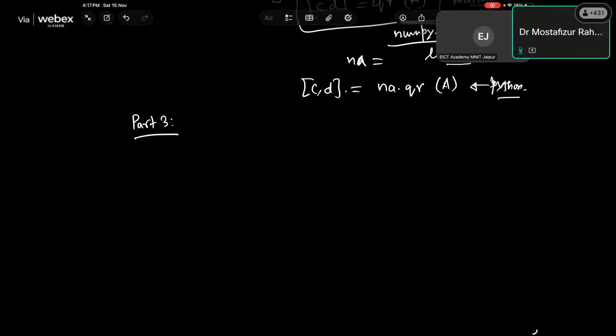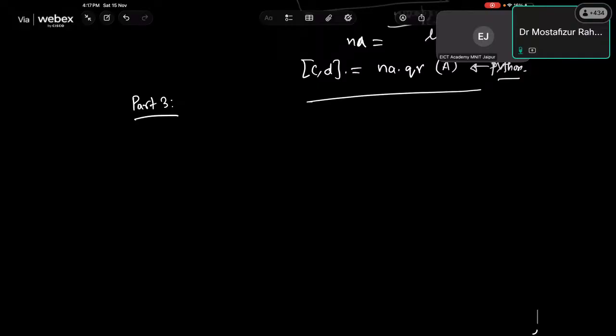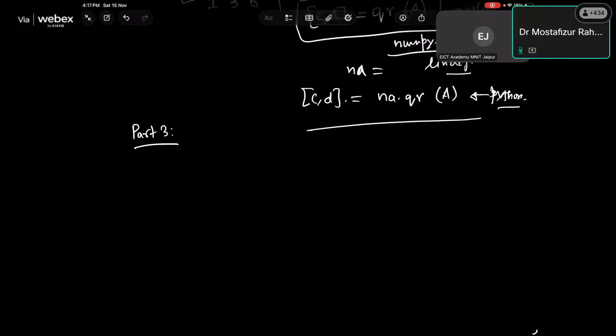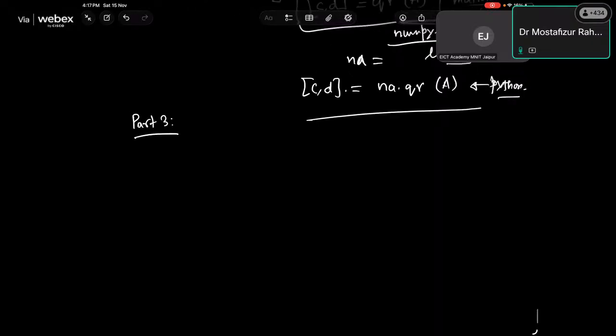Now we are talking about matrix inversion techniques, right? When you give certain problems to MATLAB or NumPy, there are two things.